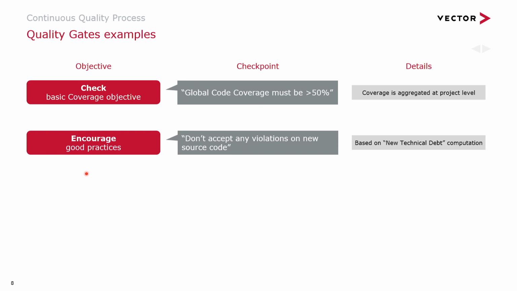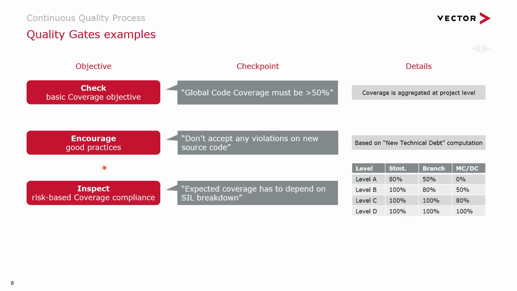Then there is an encourage family kind of a quality gate. Here, for example, we're going to check that for the code I am just introducing, there are no rule violations. This is done using the new technical debt indicator, and using this it's quite easy to make sure that no new rules are being violated on the new code.